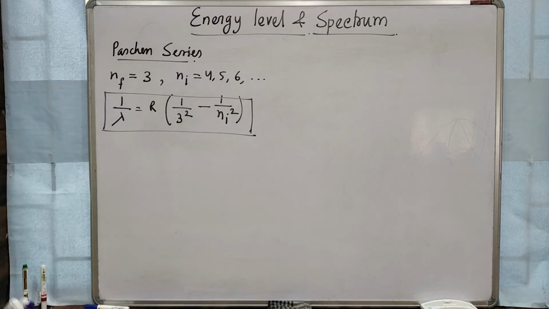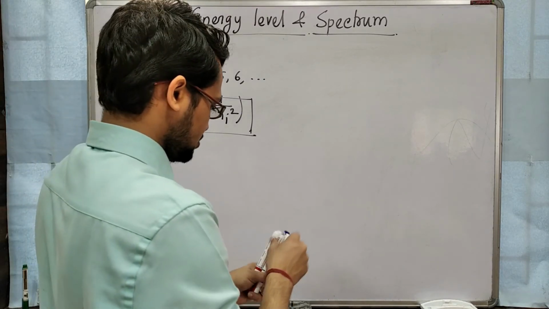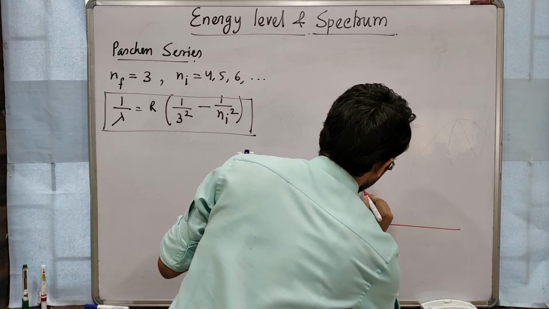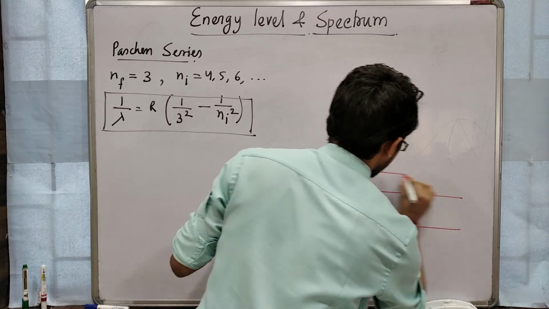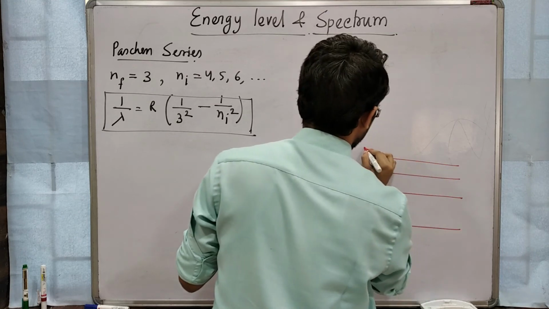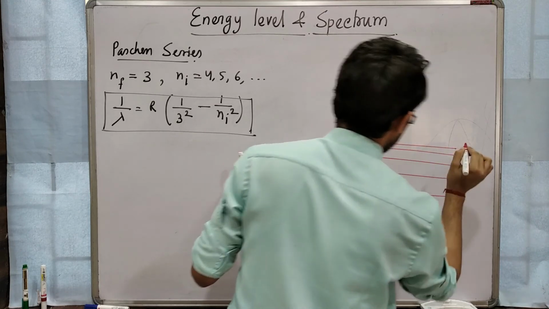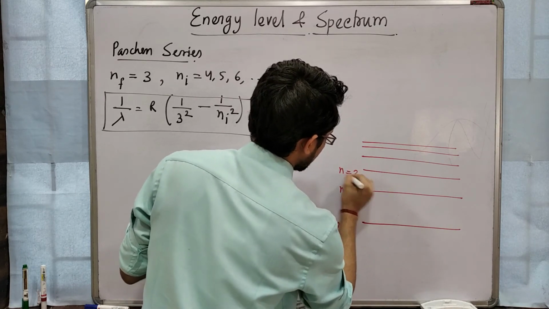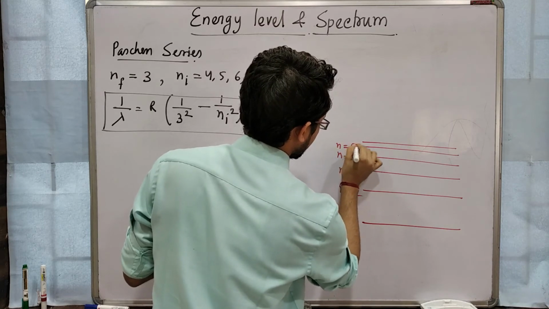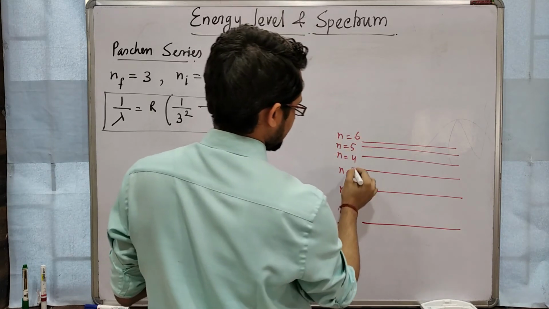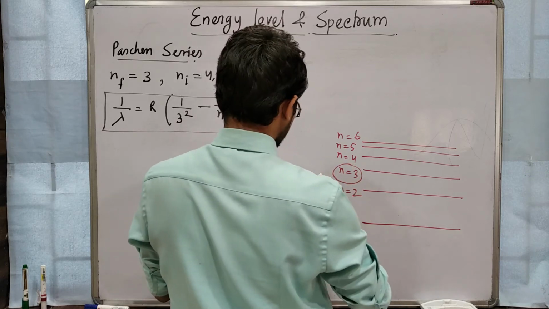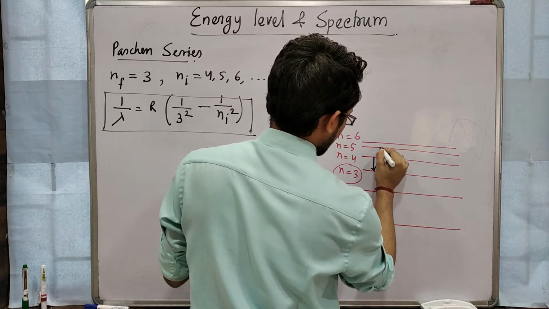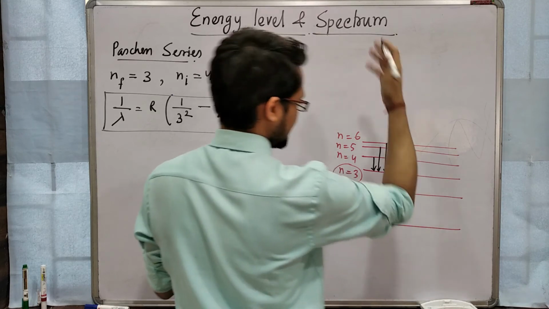That means more than 3. Here again I am showing this is levels 1, 2, 3, 4, 5, 6. In this way I have drawn a few. Here the final state is this, so the rays will come from n equal to 4, 5, 6, 7, 8.